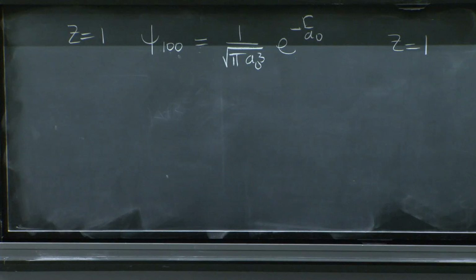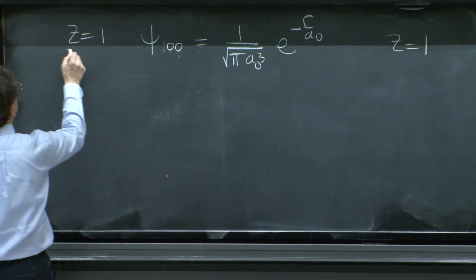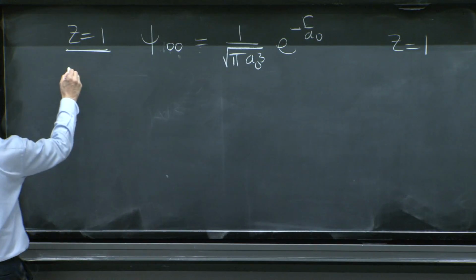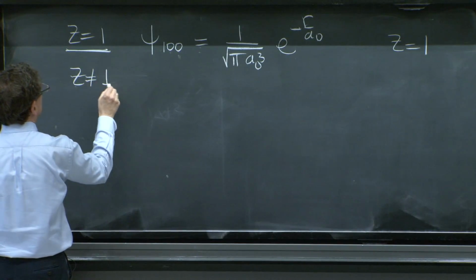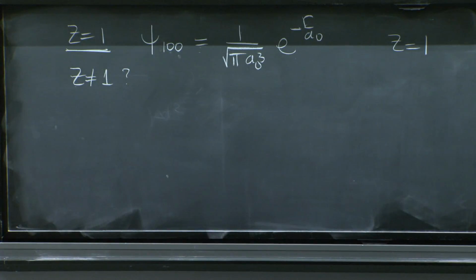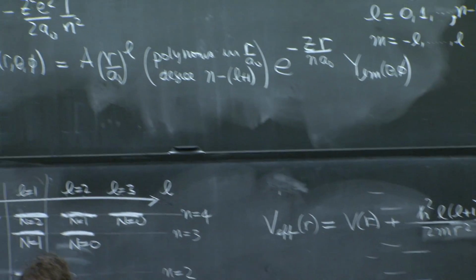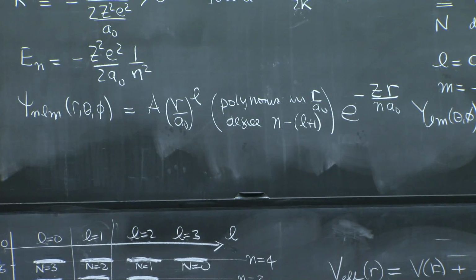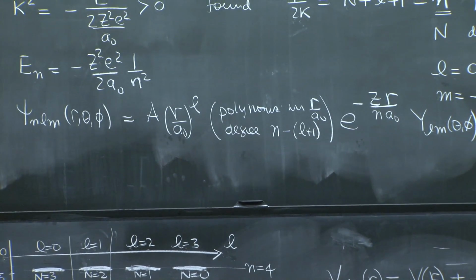It's interesting to note and try to think, okay, suppose they gave you the Z equals 1 answer. How do you get Z different from 1? Can I just do something with this solution? Well, somehow it's written here. But I don't give here the normalization because it's impossibly complicated to write a general form for the normalization.